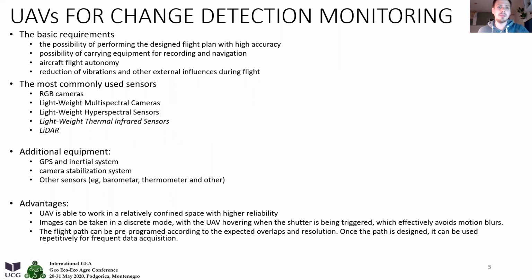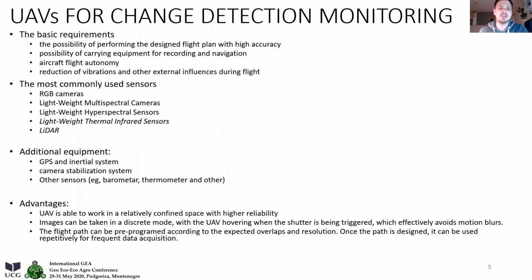UAVs must meet some basic requirements in order to be used for environmental monitoring and change detection purposes. The basic requirements are the possibility of performing the designed flight plan with high accuracy, the possibility to carry equipment for recording and navigation, aircraft flight autonomy, and reduction of vibration and other external influences during the flight.